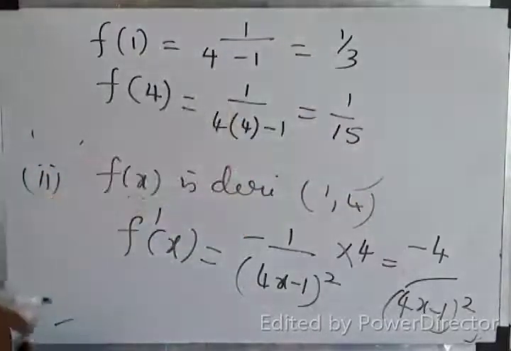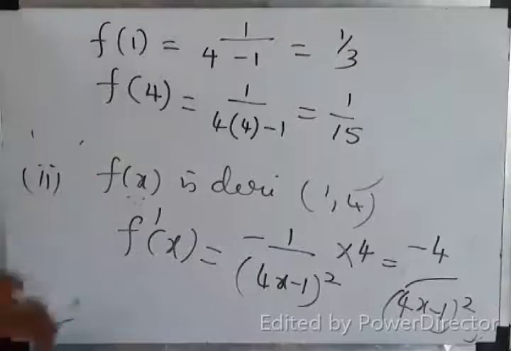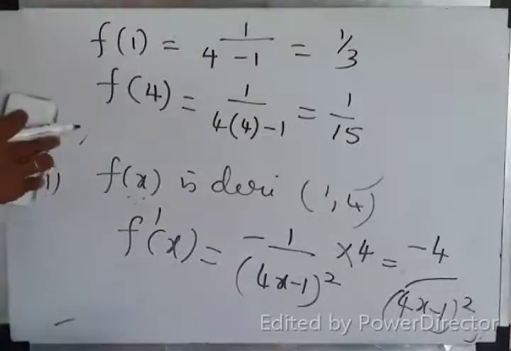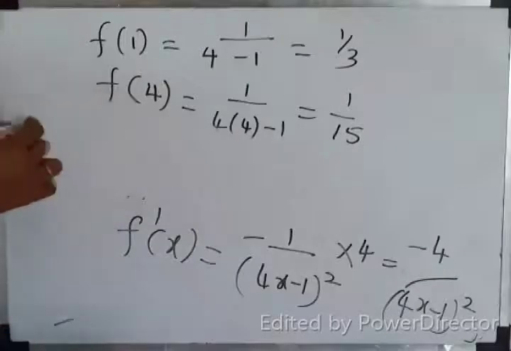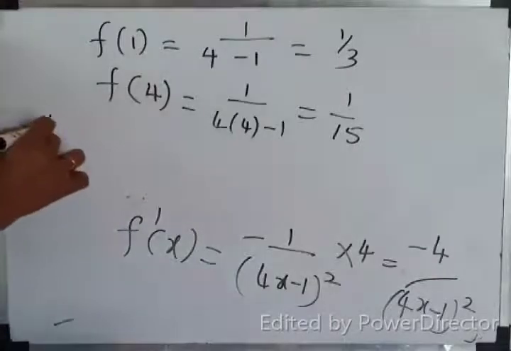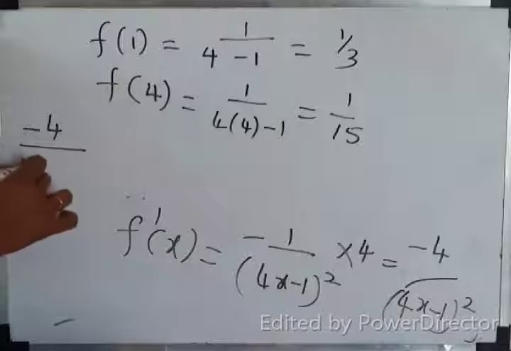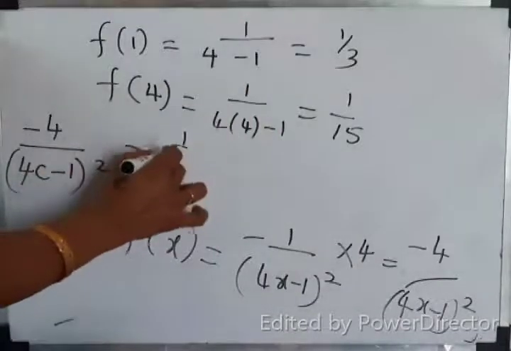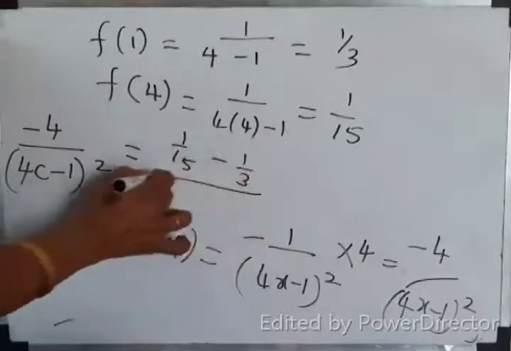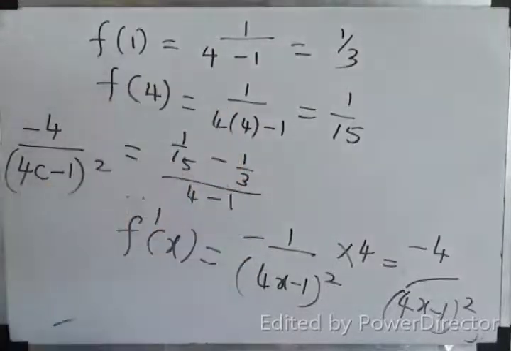Therefore f of a not equal to f of b. Correct? Then there exists at least one value of c such that f dash of c, which is minus 4 by (4c minus 1) the whole square, is equal to f of b minus f of a by b minus a. Am I right?